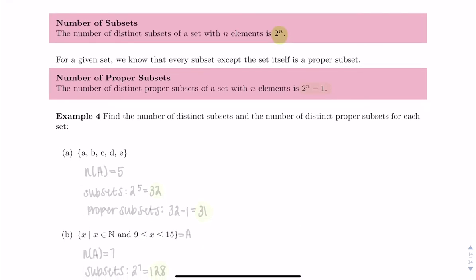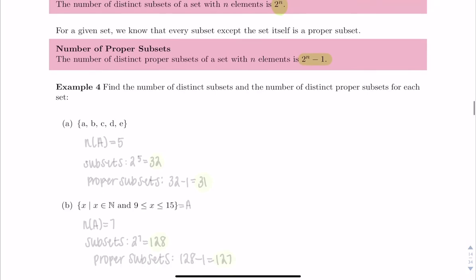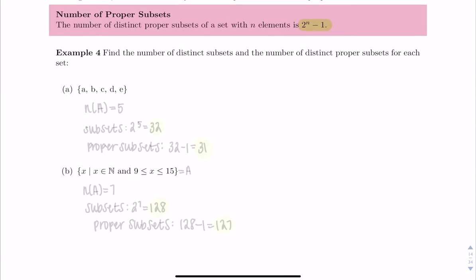Now because we know with proper subsets the original set cannot be included, all we do is subtract 1 to find the number of proper subsets. So let's find the number of distinct subsets and the number of distinct proper subsets for the following sets. So A, B, C, D, and E. We know that the cardinality is 5.